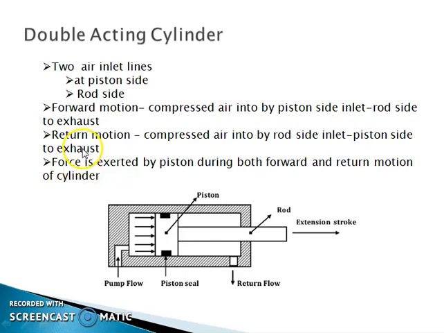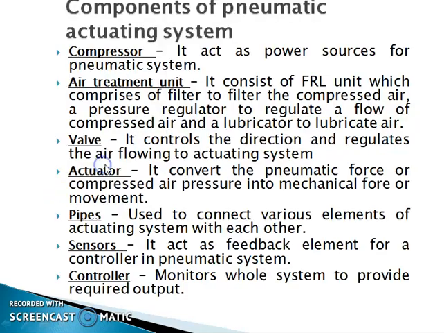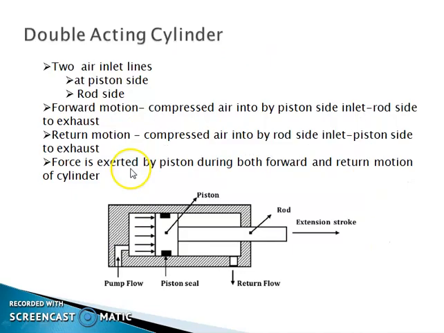During return motion, the supply air is admitted at the rod side and the piston side volume is connected to the exhaust, the reverse of forward motion. The force is exerted by the piston during both forward and return motion of the cylinder.